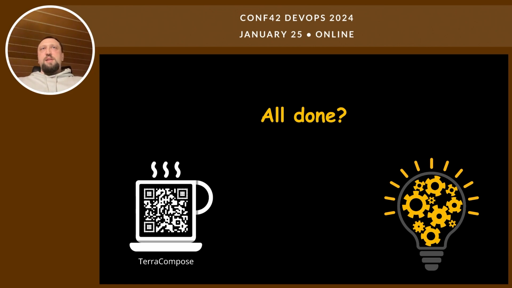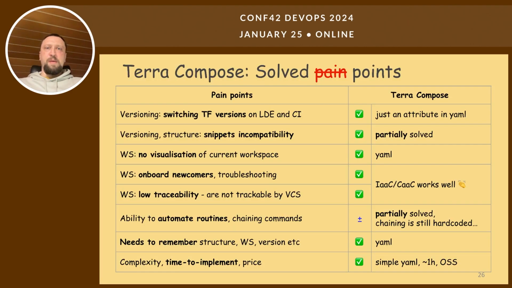So with that said, all done now? What do you think? Let's check our points. Here we have almost everything solved. Switching Terraform versions is now only attributing YAML thanks to running it in Docker.